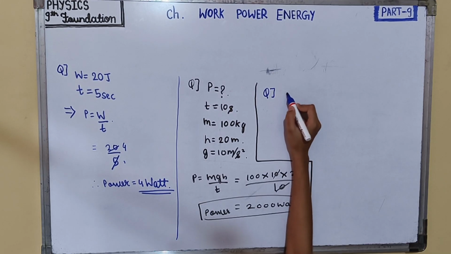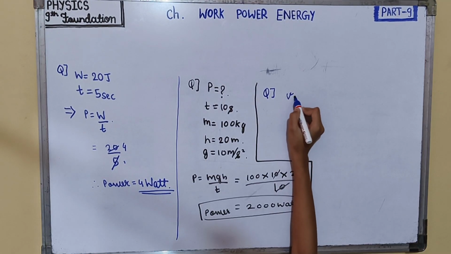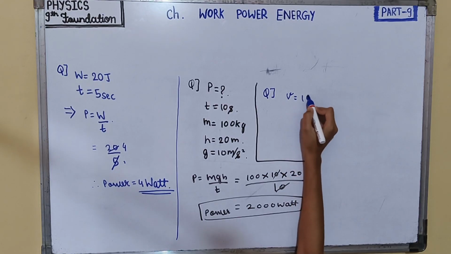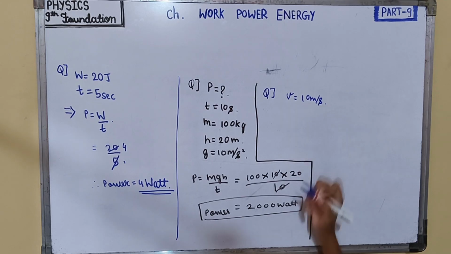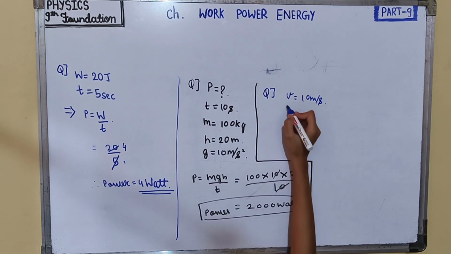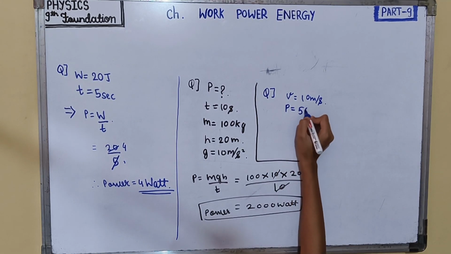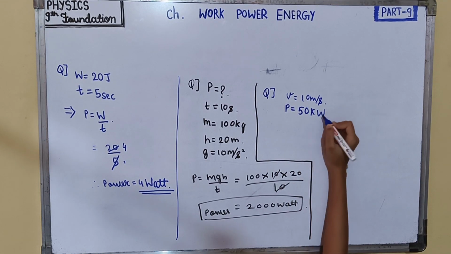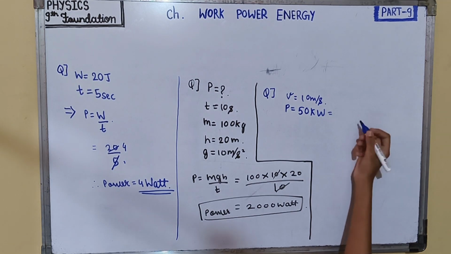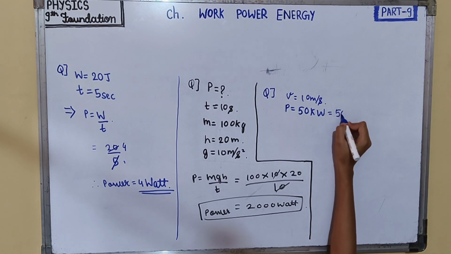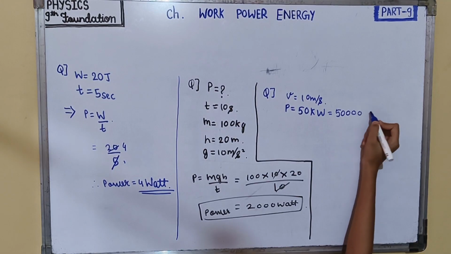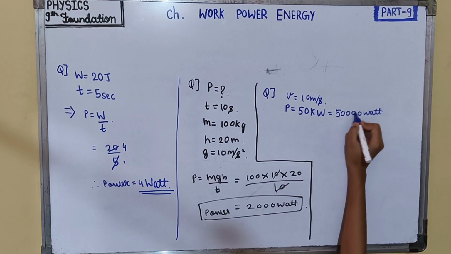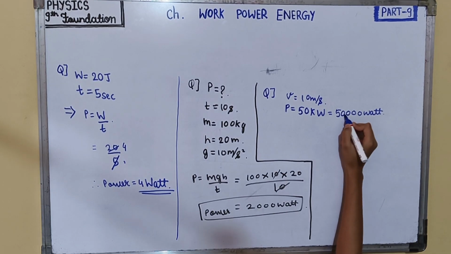They have given us the rate of the water, which means the velocity is 10 meter per second, and they have told us the power is 50 kW. 50 k means 50,000, so 50,000 watt.